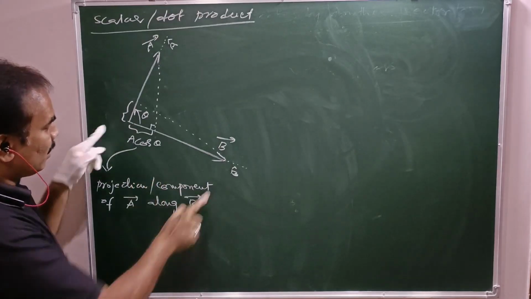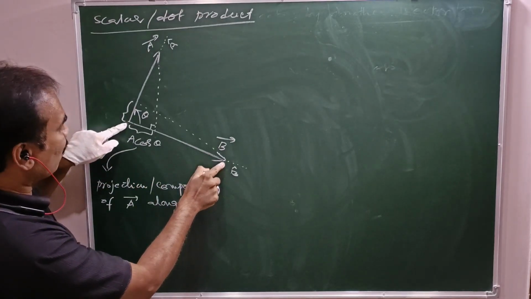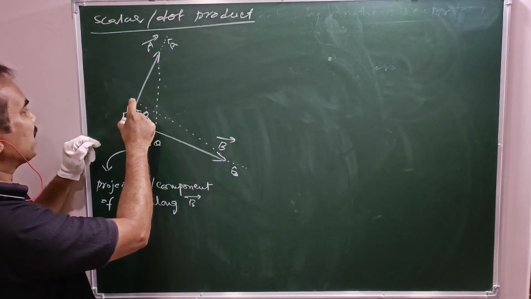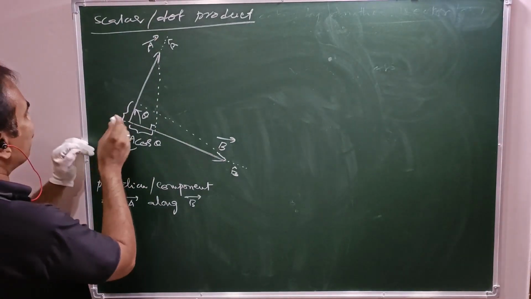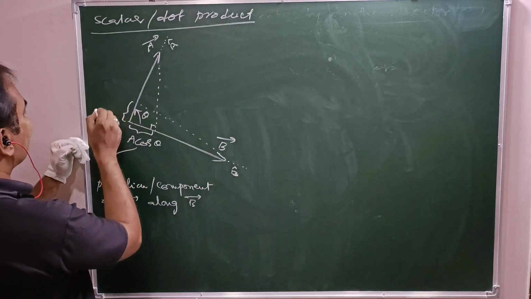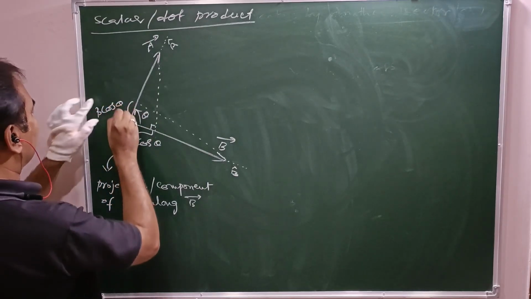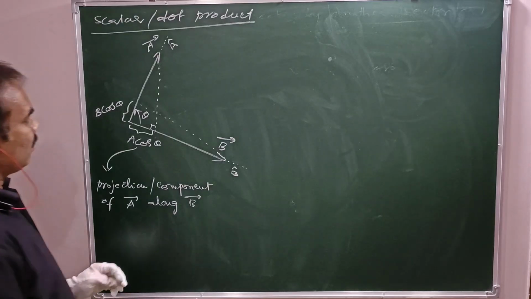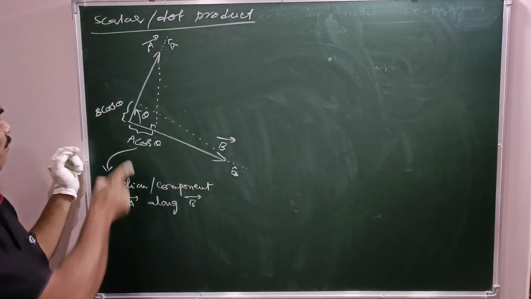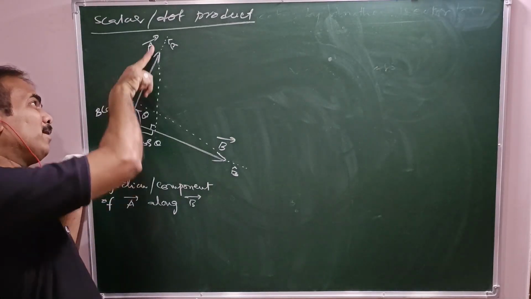This is the total length of B bar. Now this vector B bar has this much length along A bar. So this is B cos theta. So we have the component of B bar, B cos theta, along A bar.